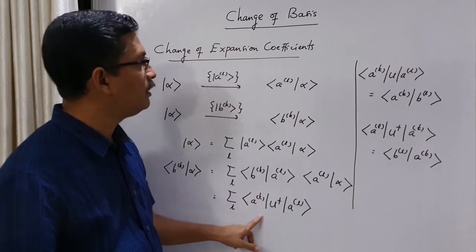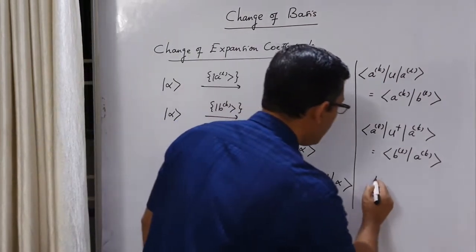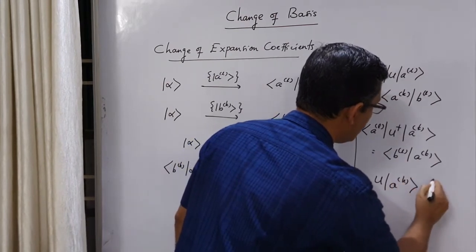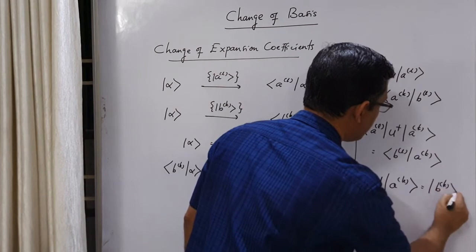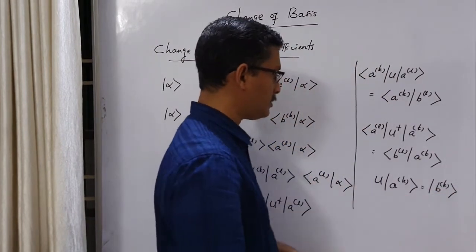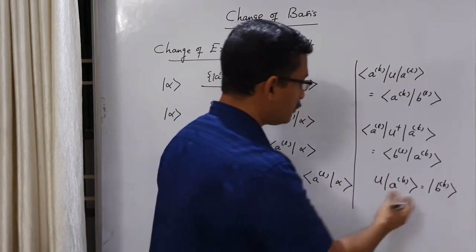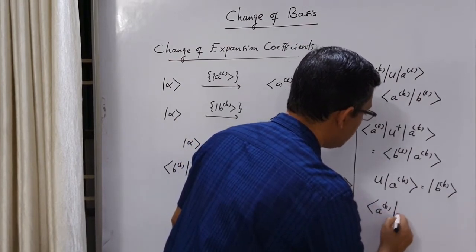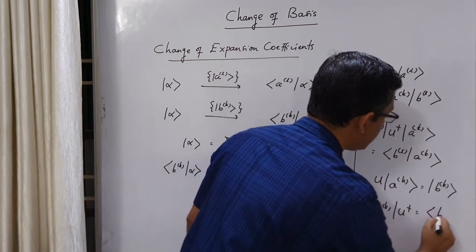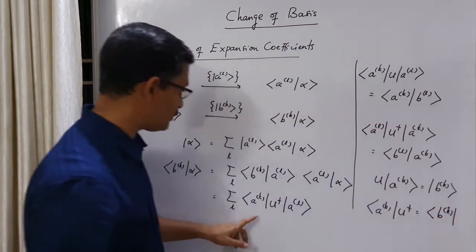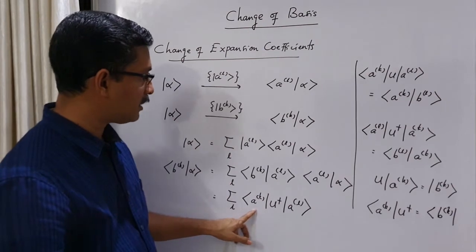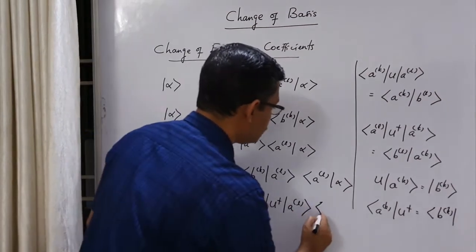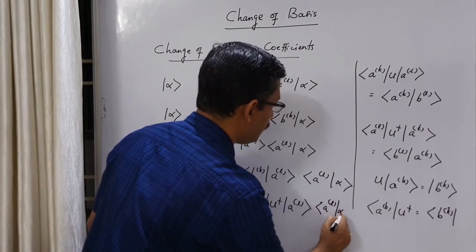This is simply like taking, when U acts on AK, you get BK. Old basis, you get new basis. You simply take the Hermitian adjoint on both sides, then bra vector AK U dagger is equal to bra vector BK. That's what happens here. U dagger on bra vector AK is bra vector BK. And this is bra AL, ket alpha.